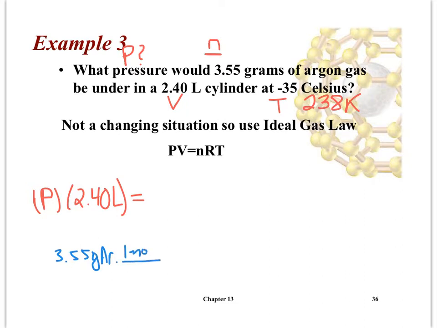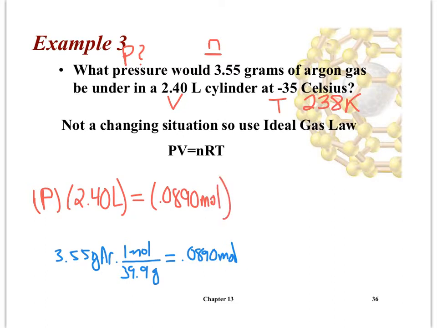So 1 mole of argon, the molar mass of argon is 39.9 grams. And so this is 0.0890 moles of argon. Now, I chose to calculate on the side and plug it in. If you want to do it all together, you can. It's totally up to you. So 0.0890 moles.